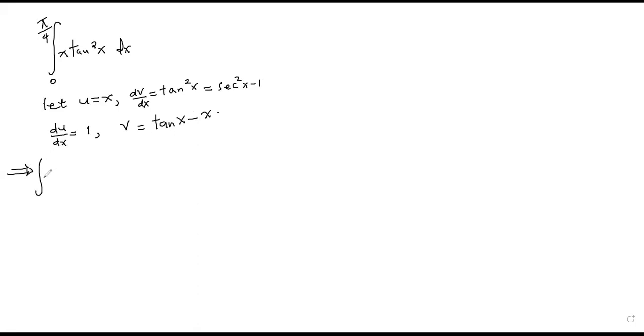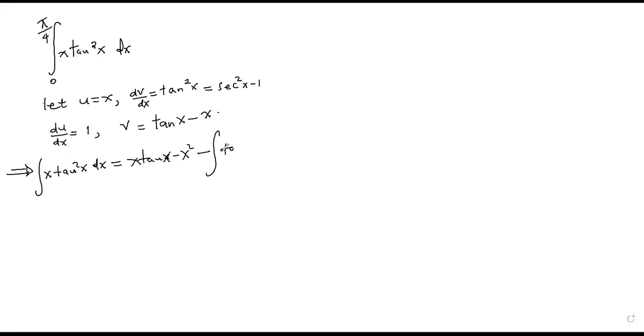our integral of x tan squared x dx without limits first is going to be equal to uv. So it is going to be uv, which is x tan x minus x squared, then minus integral of v du dx. V is tan x minus x, where du dx is 1.